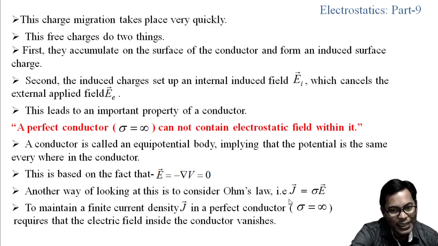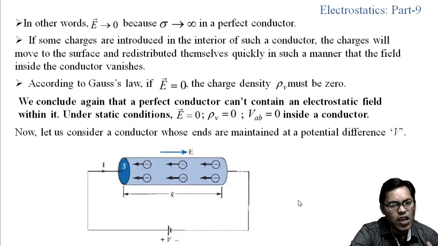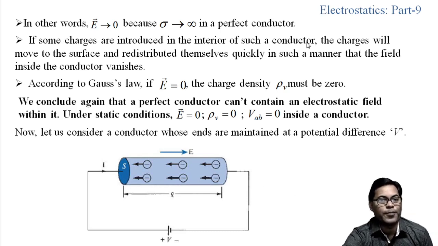So to make J finite, E must be 0. In other words, E tends to 0 because the conductivity sigma tends to infinity in a perfect conductor.